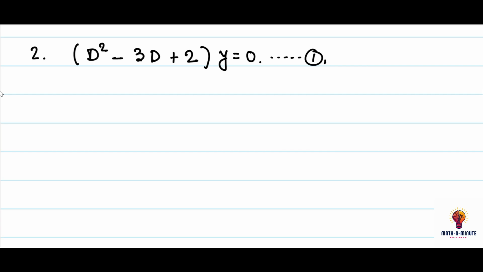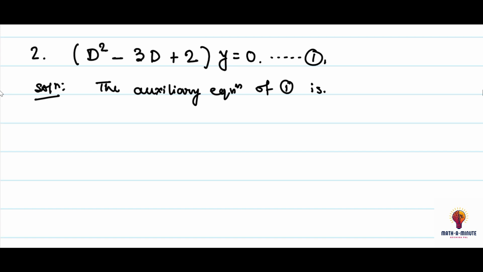If we assume that y equals e power mx is a trivial solution, then the auxiliary equation of 1 is m square minus 3m plus 2 equals to 0.